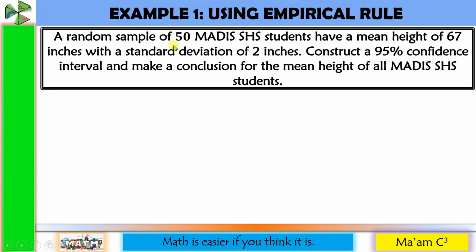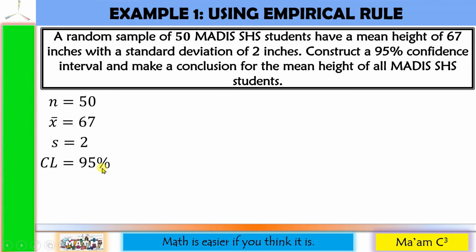We have a random sample of 50, so n is equal to 50. Mean height of 67 inches refers to the sample, so this is the sample mean. A standard deviation of 2 inches also refers to the sample, so this is the sample standard deviation. 95% confidence interval, so our confidence level is 95%.